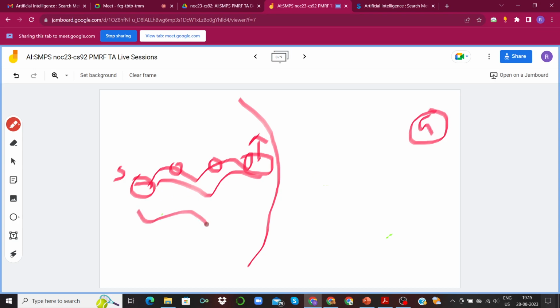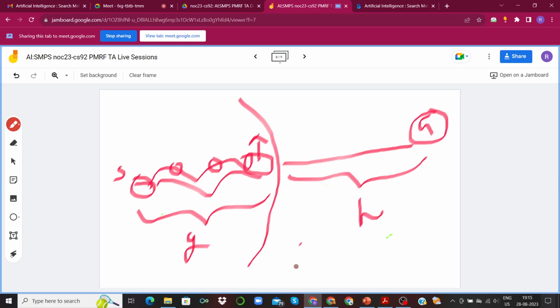So you know the actual cost of this particular part of your solution, let's call that G, and you can estimate the cost of this part of your solution, let's call that H. For that you can use Manhattan distance, and then you will use this G plus H to fill in the cost of each of these partial solutions when you construct a search tree, instead of just using the actual cost.